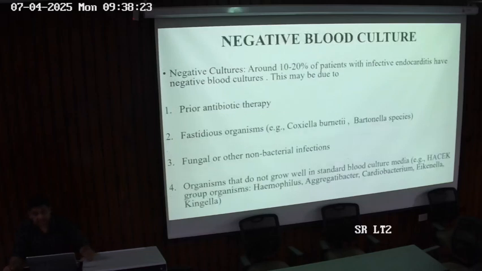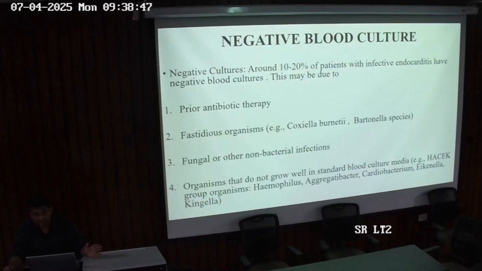Negative blood cultures may be seen in around 10 to 20% of patients with infective endocarditis. This may be because, first, an antibiotic has already been given. Second, there are fastidious bacteria like Coxiella burnetii and Bartonella species that are not detected by routine blood culture.